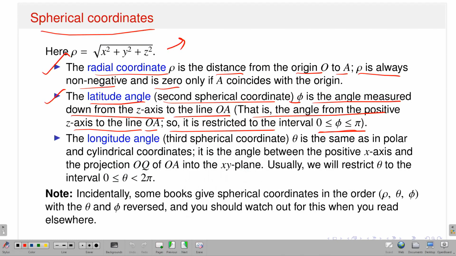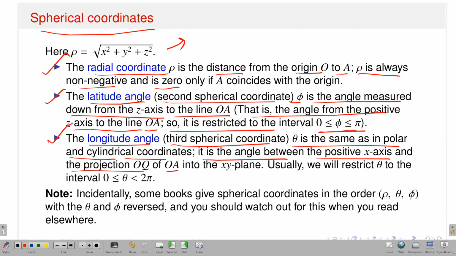And theta is what I call the longitude angle, the third spherical coordinate. First one is rho, second is phi, third is theta. Theta is the same as in polar or cylindrical coordinates, like r and theta. It is the angle between the positive x-axis and the projection OQ of OA in the xy plane.